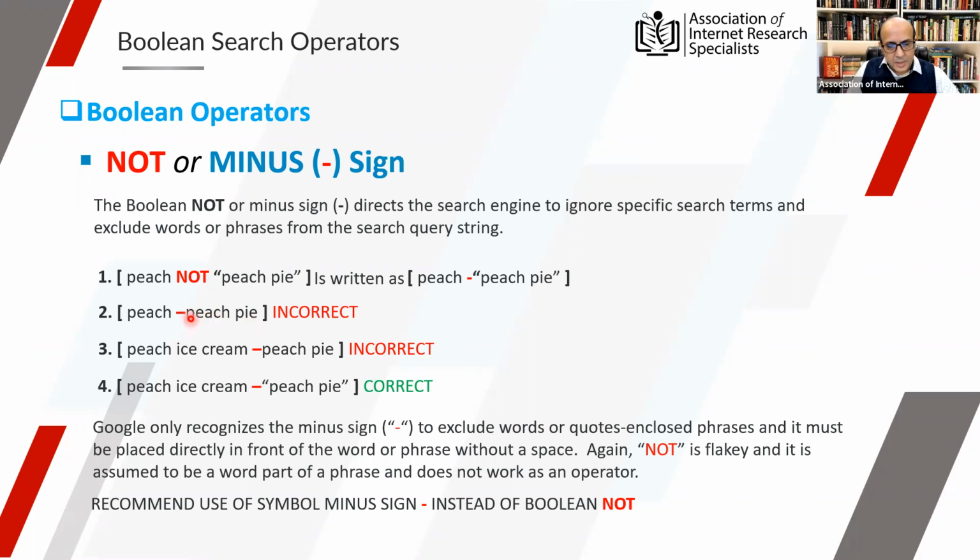So the minus sign has to be hugging the first letter of the word peach, which means no gap between the minus sign and the character P. So that's the proper way of putting the minus sign.